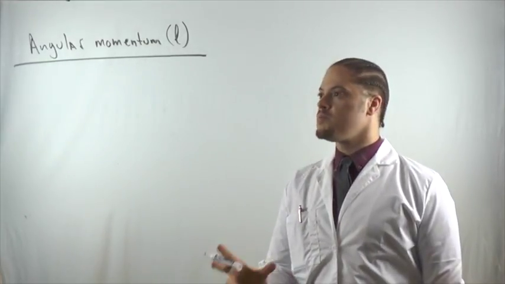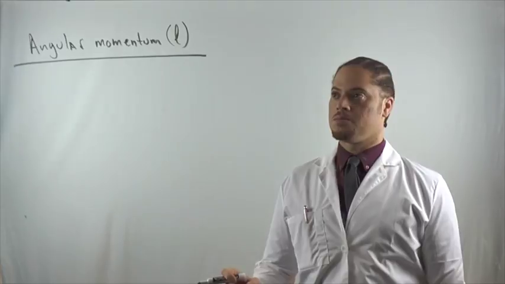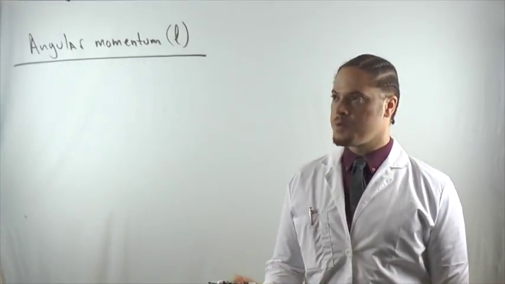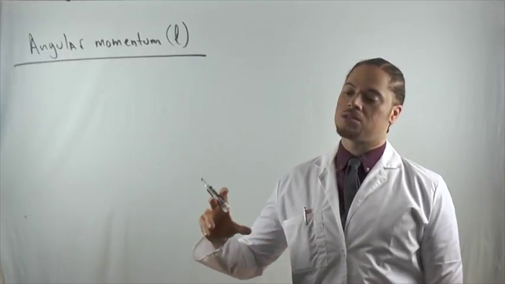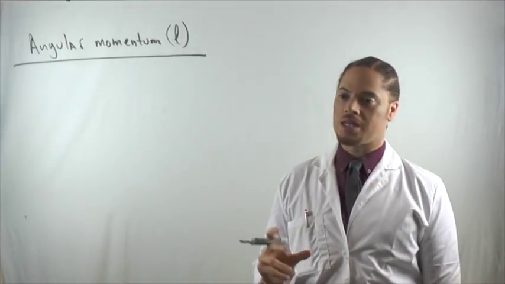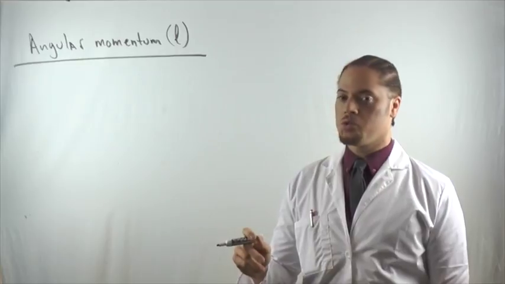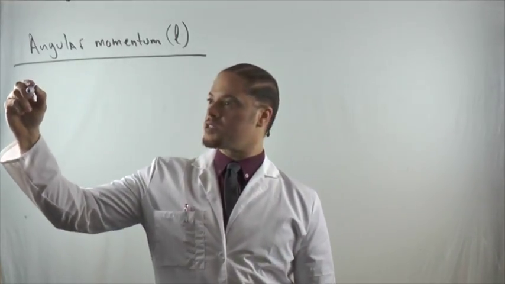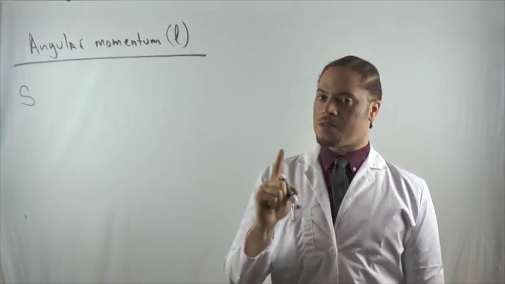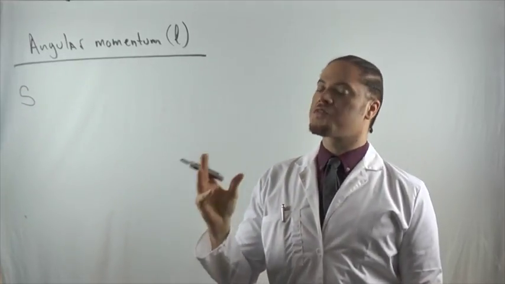Let's describe in more depth angular momentum, represented with the lowercase l. Our angular momentum describes the shape that the electron cloud will sweep about the nucleus. Our first shape is represented with the letter s. The letter s is our simple spherical cloud.